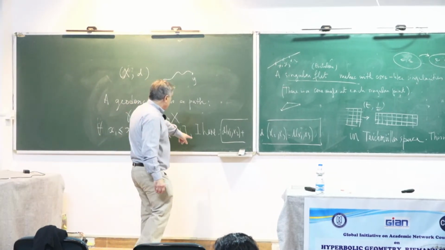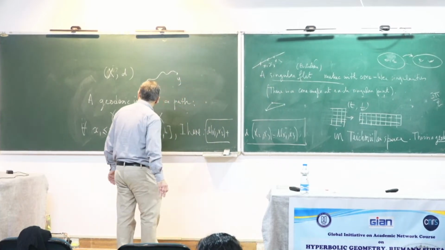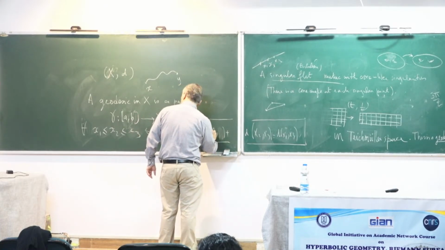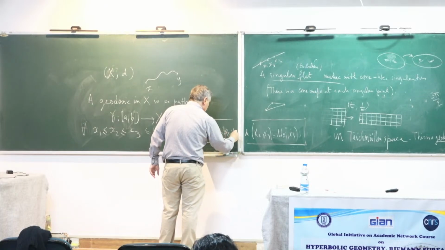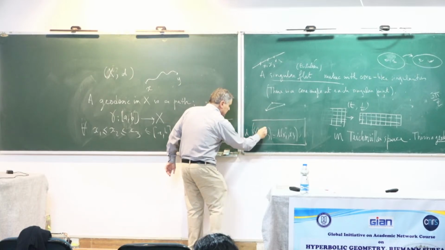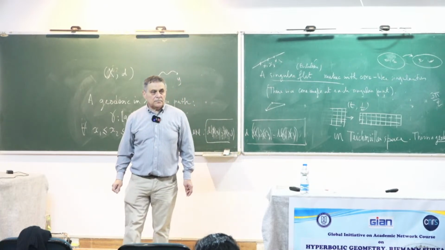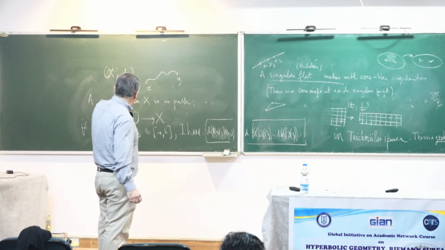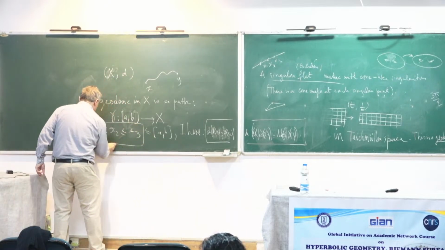Wait a minute. Yes, you are right. Instead of x, this is gamma. Completely right. Thank you. This is a mistake. It should be d of gamma of x1; you can as well put there gamma x, and here you have to put gamma x2, gamma x3. Because of the order, this order is very different.